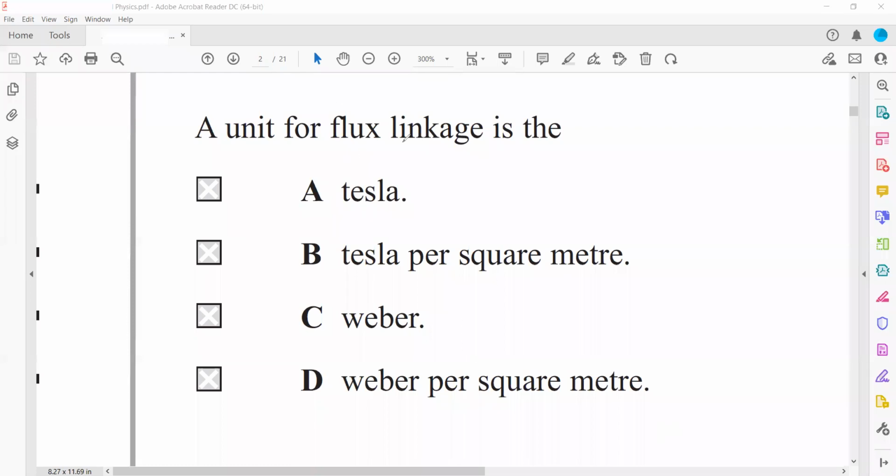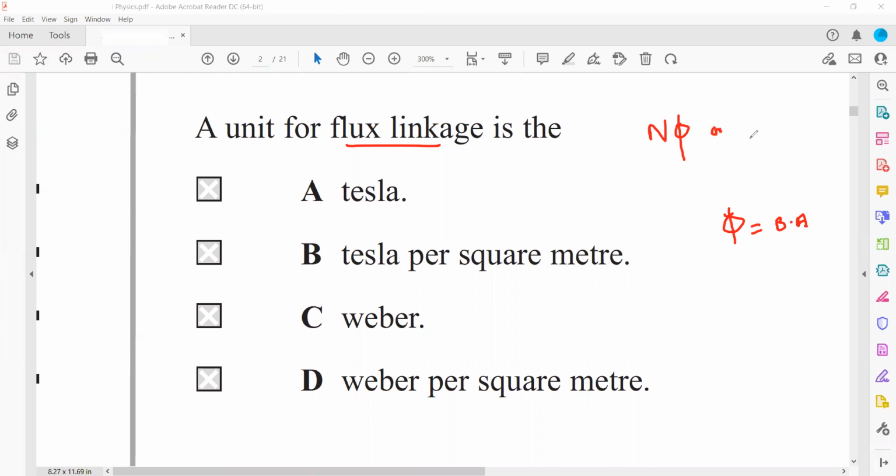In this question, what is the unit of the magnetic flux linkage? Magnetic flux linkage is basically N phi. N is the number of turns, which does not have a unit, it's just a number, and phi is the magnetic flux, which is B dot A, depending on the angle between the two.